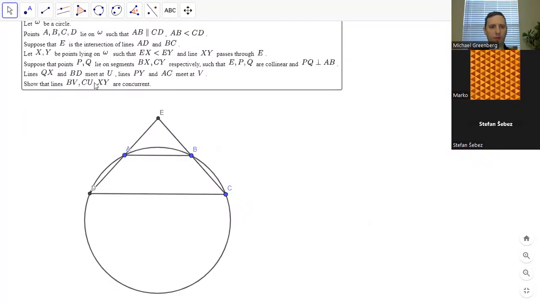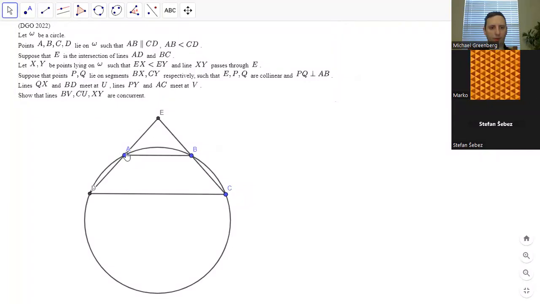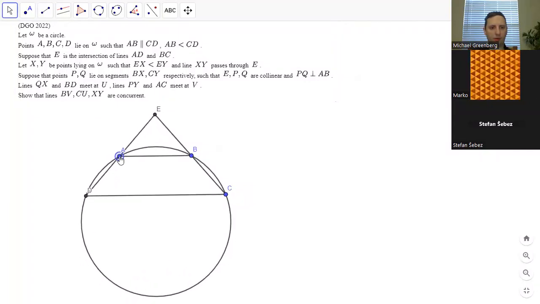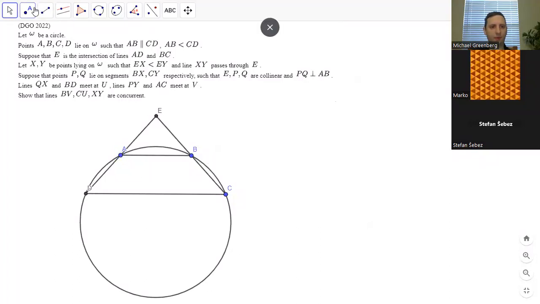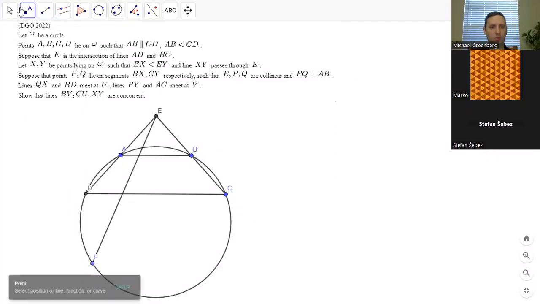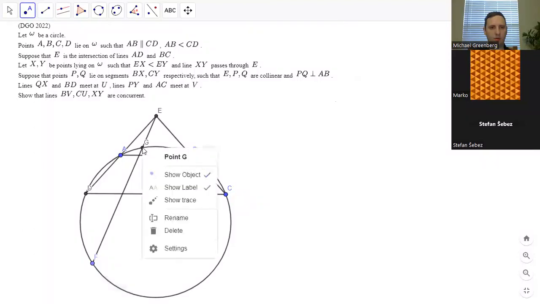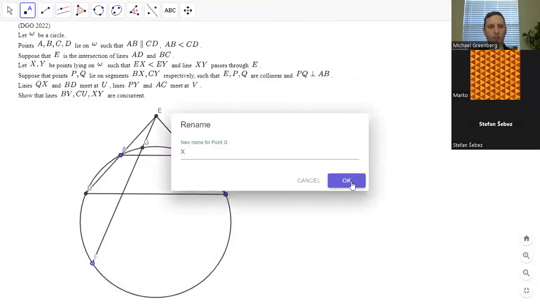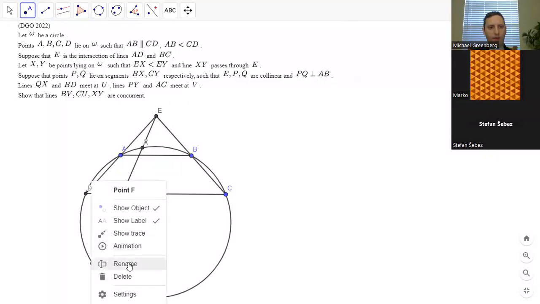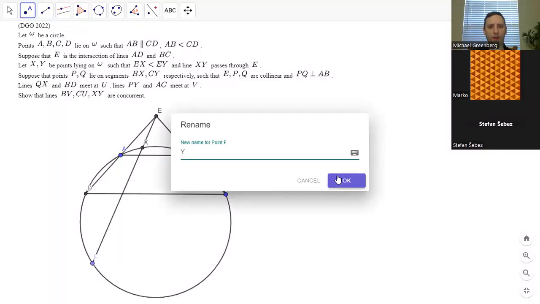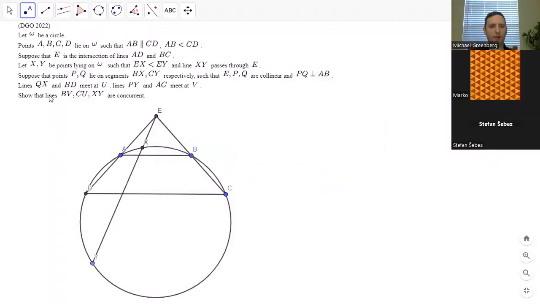Okay, we have some choice on how to draw this. This almost looks like a right angle, but oh well. This is X and this is Y, and it says suppose that points P and Q lie on BX and CY, so that E, P, and Q are collinear and PQ is perpendicular to AB.